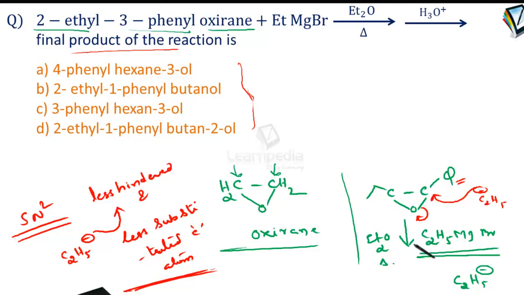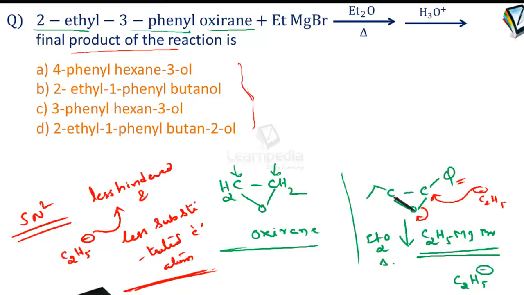But which alcohol is formed? So therefore we have, when this O becomes OH, here is the C2H5 and this is the third carbon on which OH is there, and then this is the phenyl group. So on the third carbon we will have OH, on the fourth carbon we have phenyl, and these two carbons.